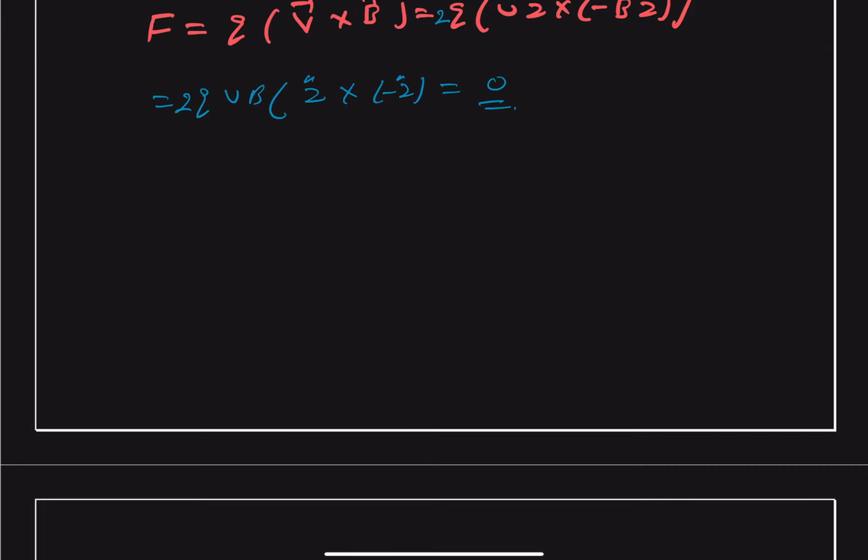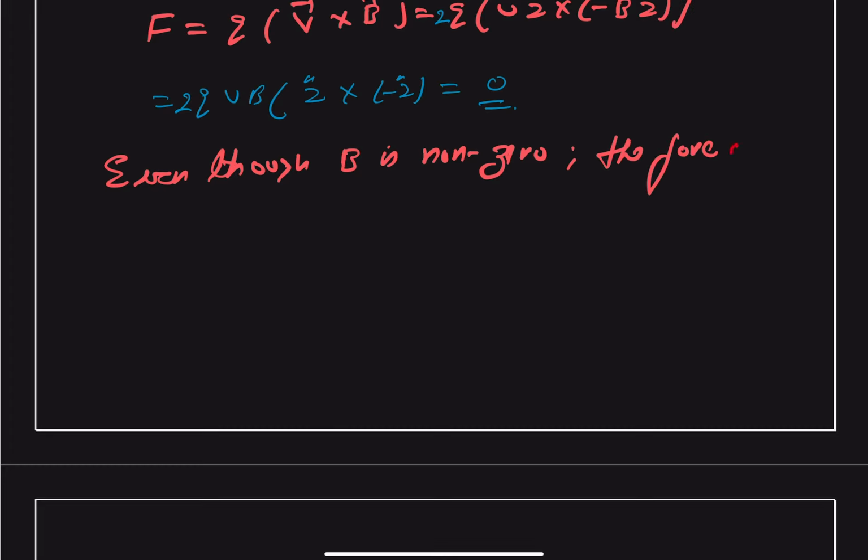So from here we can say, even though B is non-zero, force is equal to 0. This is because the velocity and magnetic field are along the same axis, or they are parallel.